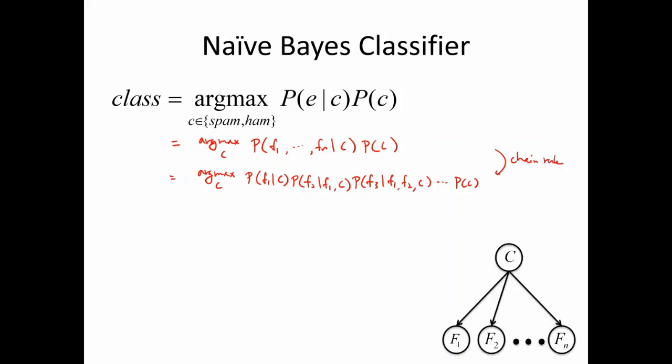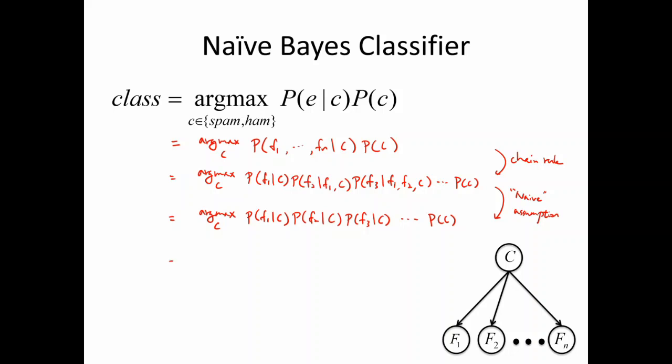In Naive Bayes, we know that we have this common cause structure. So given C, all the features are independent. In other words, we have argmax of P of F1 given C, P of F2 given C, P of F3 given C, and so on and so forth, and P of C. And this is the naive assumption, that the features are independent given the class.